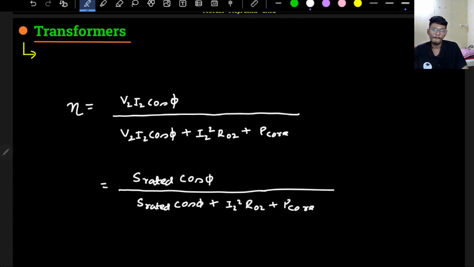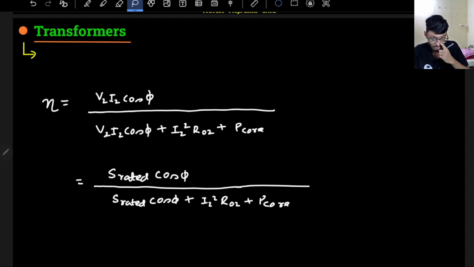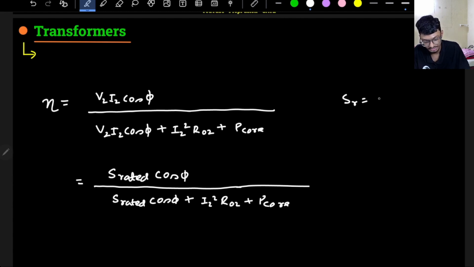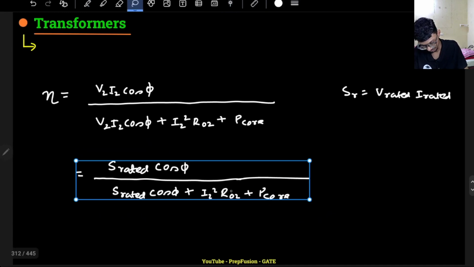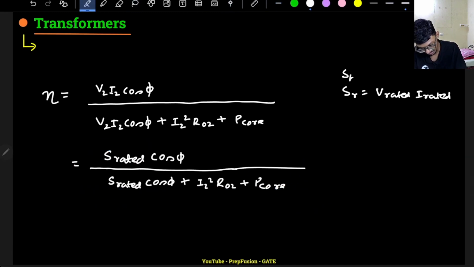So now we can convert this into per unit. How can I convert this into per unit? What is S rated? S rated is basically V rated into I rated. Now if I divide by S rated on both sides, everywhere, it is basically S base.